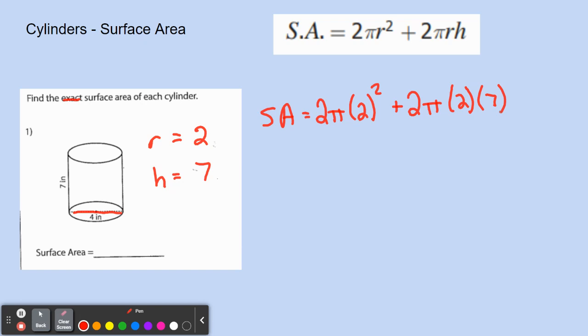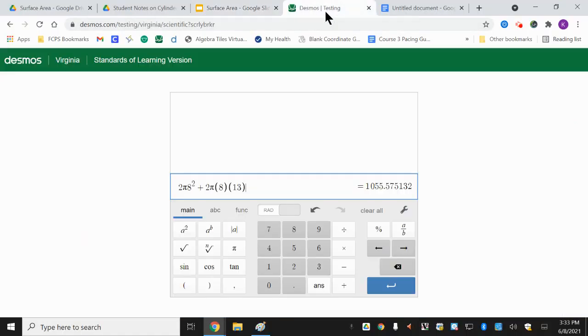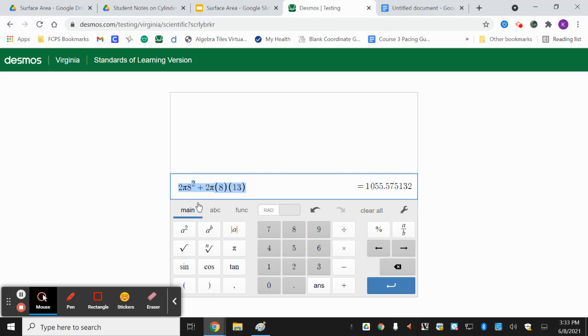This will give us the area of the two circles, this first part, and the second part will give us the area of the rectangle wrapping around the cylinder. So once you have that, let's go ahead and go to Desmos, and we can type that information into our calculator.